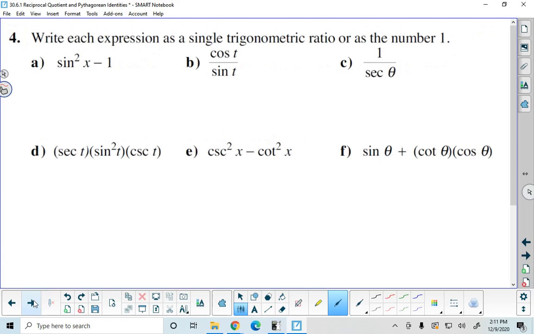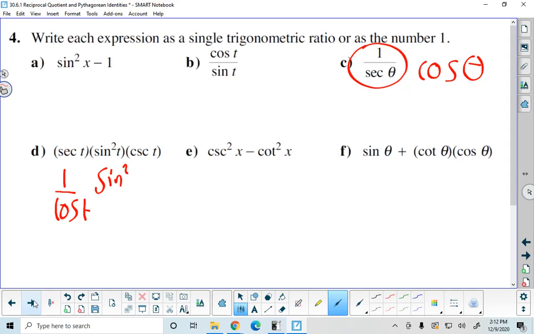So really, it's stuff like number 4. Can we write this simpler? Well, yeah. What about this one? Secant is 1 over cos. Sine squared. Cosecant is 1 over sine.